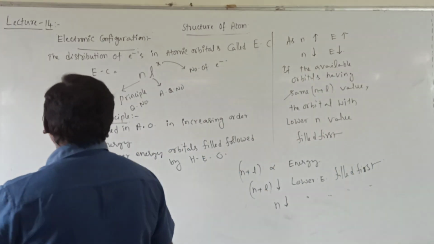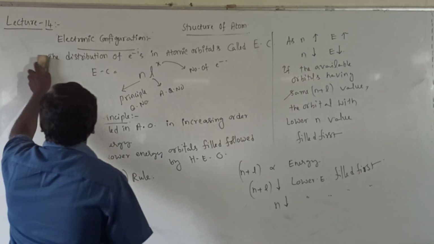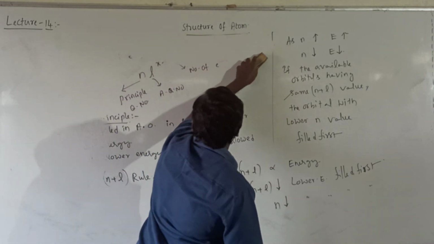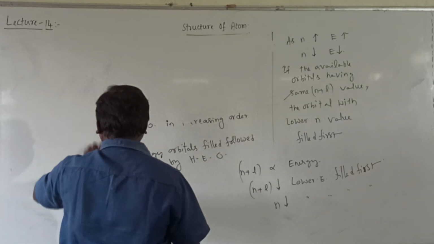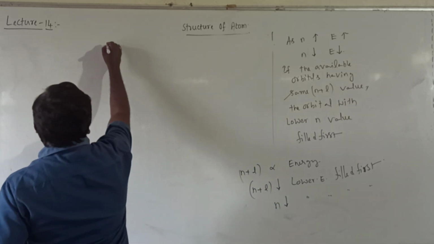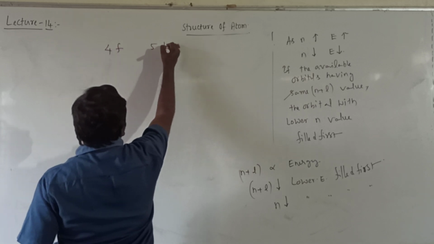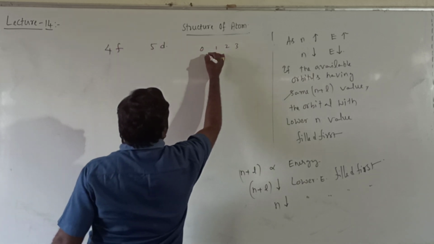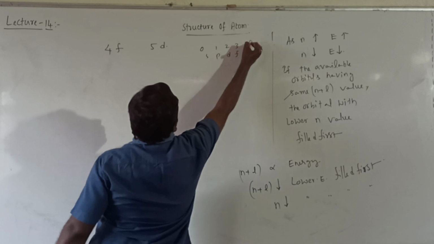Now, a few examples we will discuss. Examples are 4f and 5d. 0, 1, 2, 3 are s, p, d, f. These are l values.